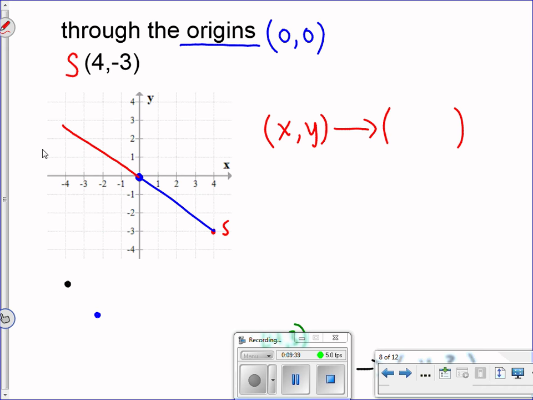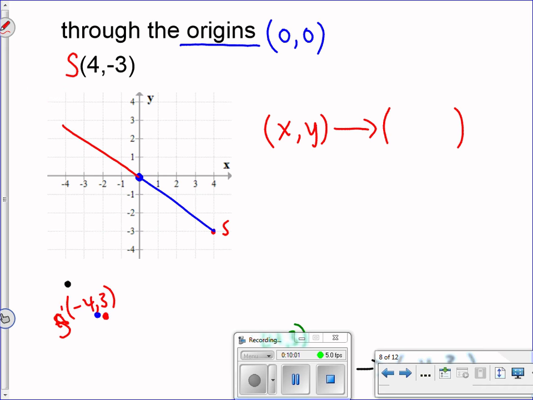They just change their order. So I have a 4 and a 3 in this one. I understand that there's a negative there, but I have a 4 and a 3, so my answer is going to have a 4 and a 3 in it as well. So over here, I can see this point right here at -4 comma 3, and that will be my S prime.